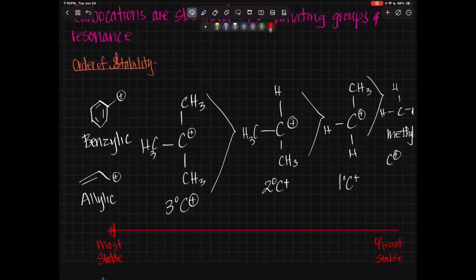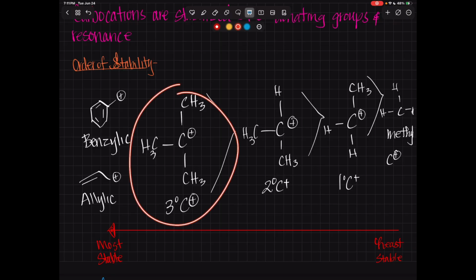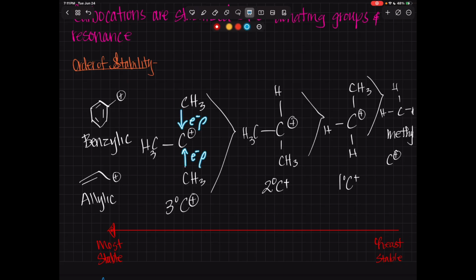Okay, and let's look at why this happens right here. So let's look at this tertiary carbocation. And notice that you have this lack of electrons. And in this situation, this carbon here is going to donate electron density, just like this. And when they donate electron density, it works to stabilize this carbocation.